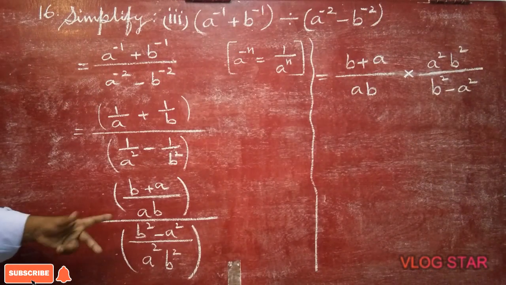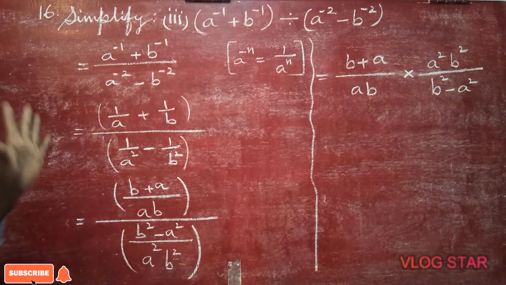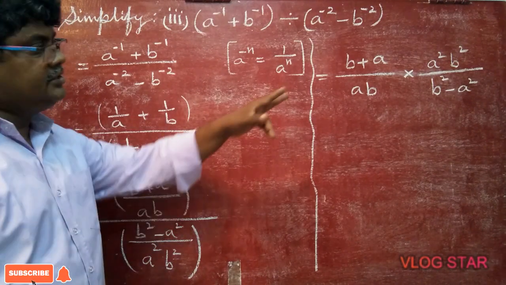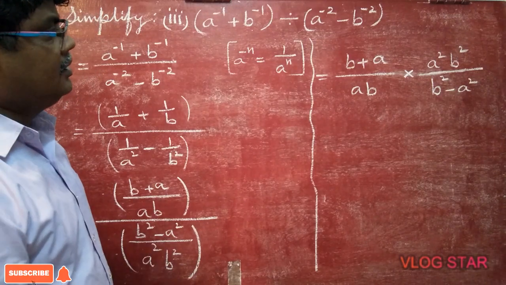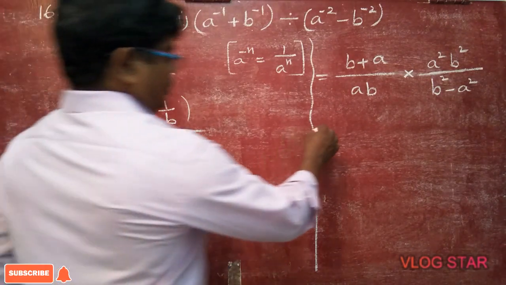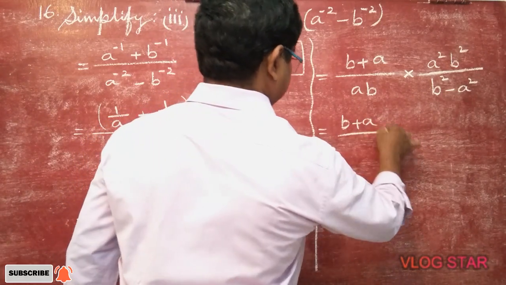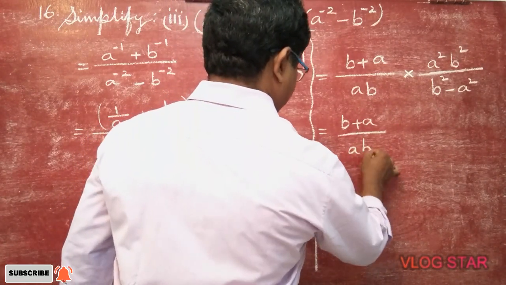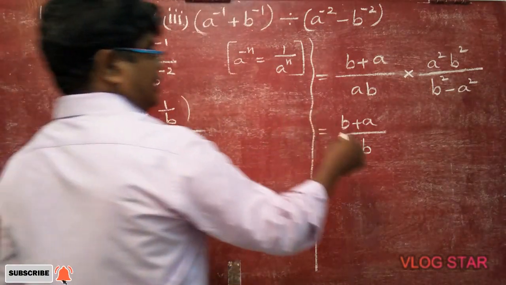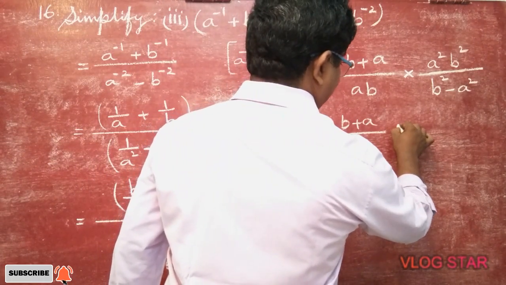Reciprocal. Division changing into multiplication, otherwise that also you can think. Division changing into multiplication, reciprocal. Now b plus a we can't change anything. AB also we can't change anything. But what is the meaning of a square b square?